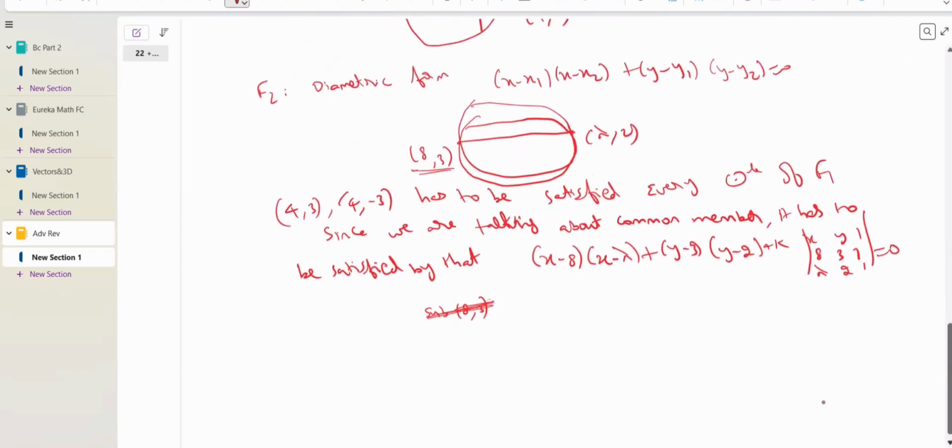Sir, can I suggest another method, sir? Okay, Sachin, tell me. Sir, we are able to see that it's a line and a circle family. The family of circles F2 is a straight line, and the other one is forming different circles. So there has to be only one unique circle containing all the 4 points, sir.